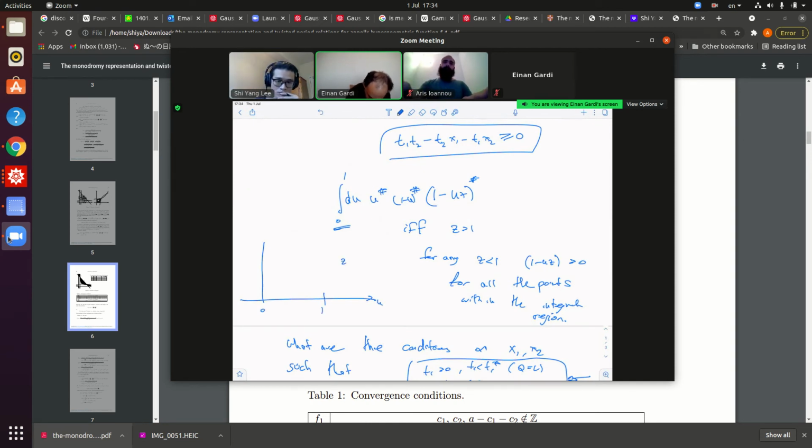And because we take z smaller than 1, this factor, so we integrate in this region. Now this factor has its 0 here at u equals 1 over z.